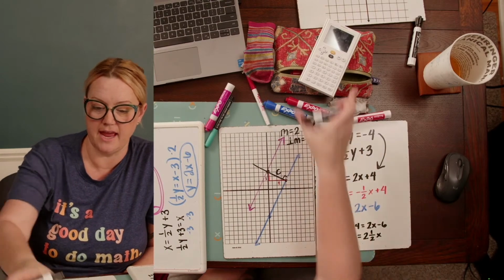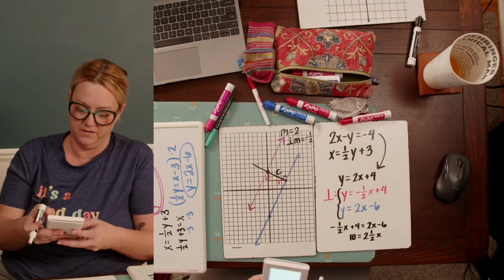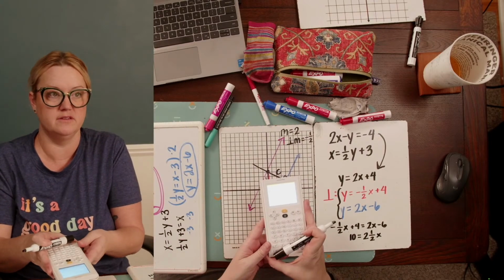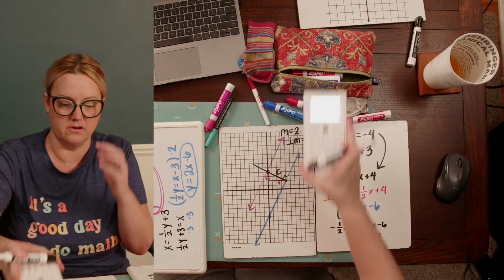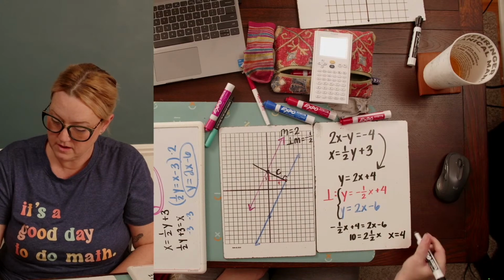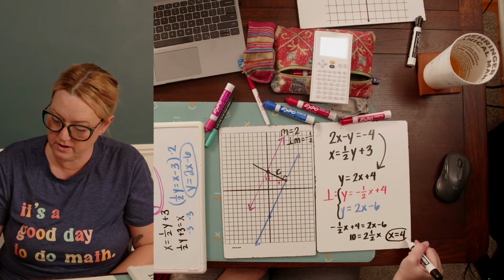Then 10 divided by 2.5 is 4. I don't think you guys can see that, but x equals 4. So we know that x is 4.